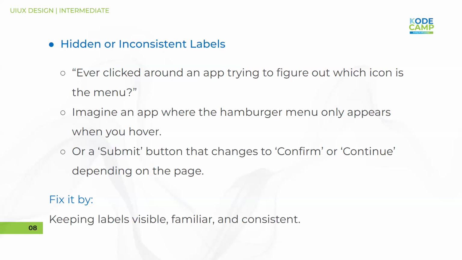Imagine an app where the hamburger menu only appears when you hover. How will you know when you hover on that particular application? Or a submit button that changes to confirm or continue depending on the page. So always keep your labels visible, familiar and also consistent.